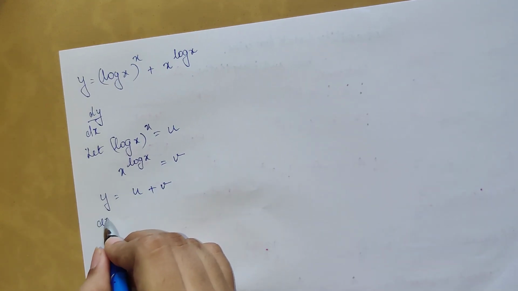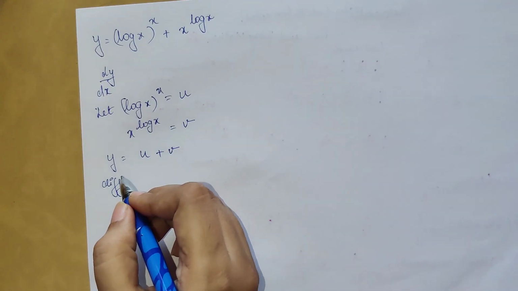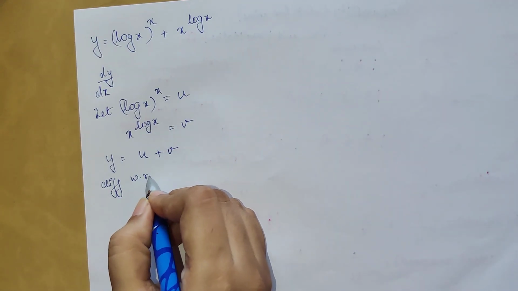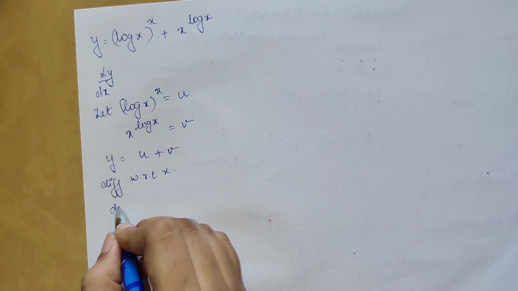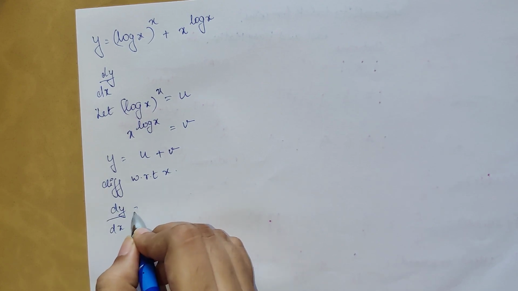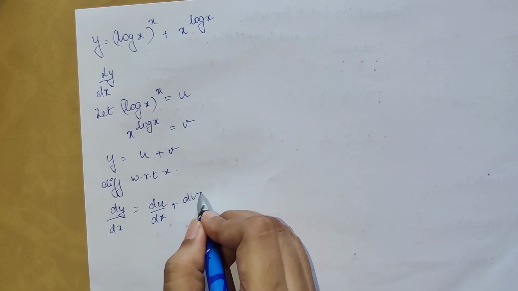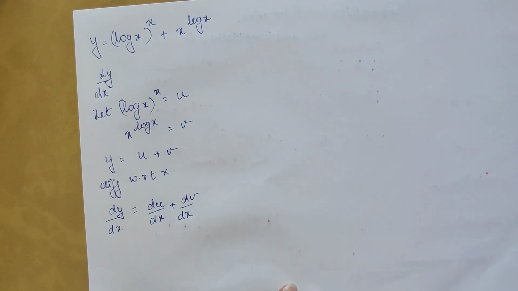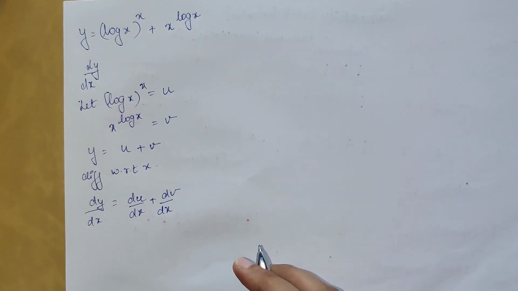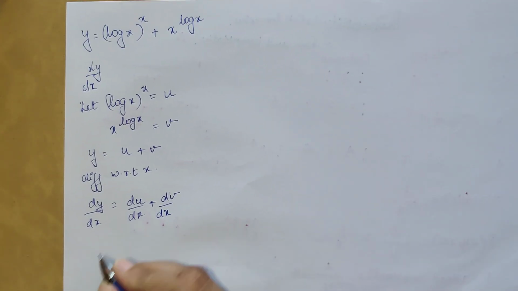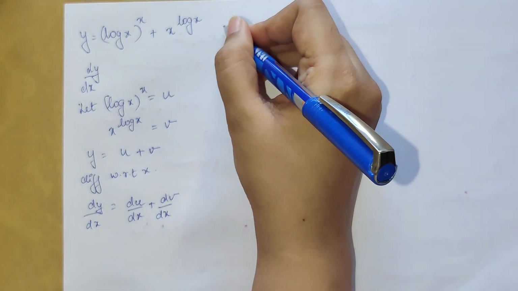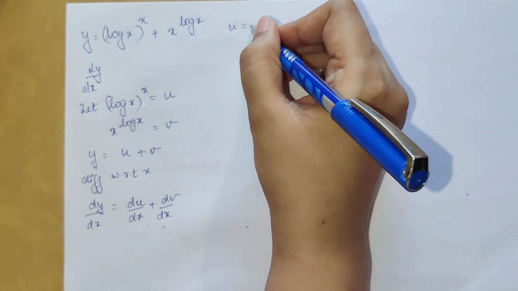Now, differentiating with respect to x, we will get dy by dx is equal to du by dx plus dv by dx. Now, let's first try and figure out what is du by dx.